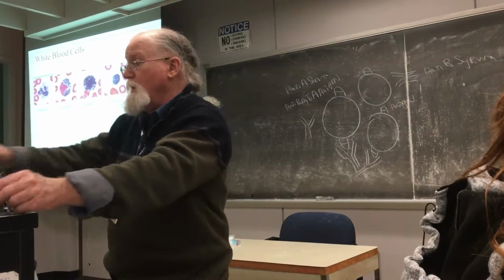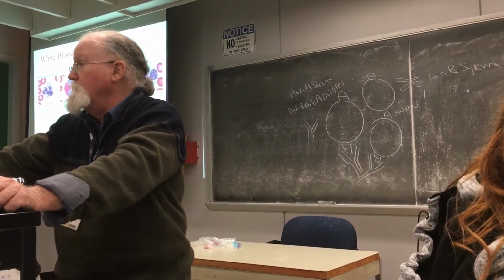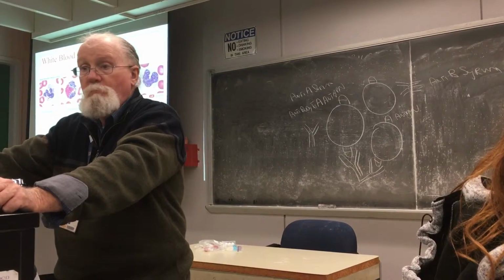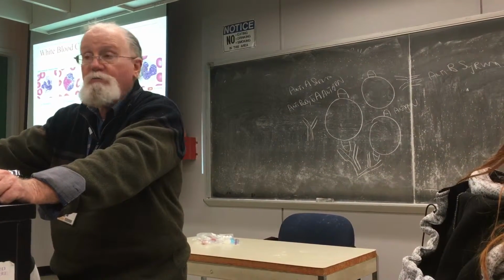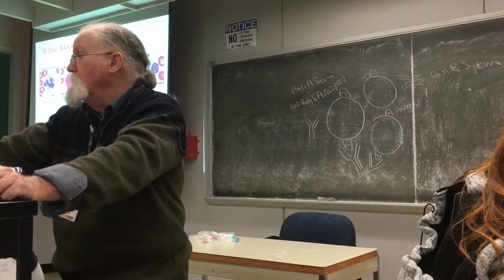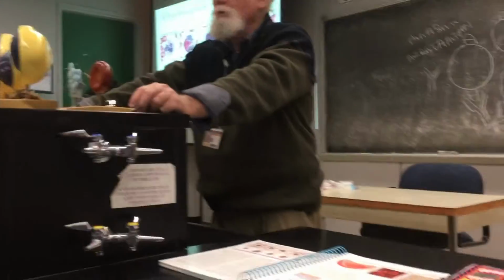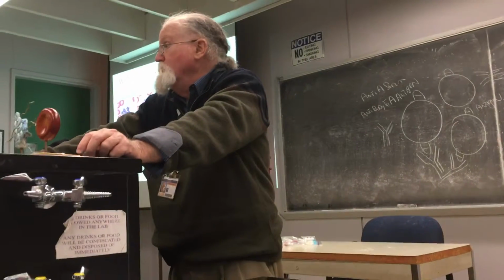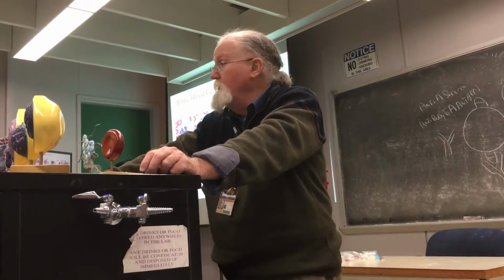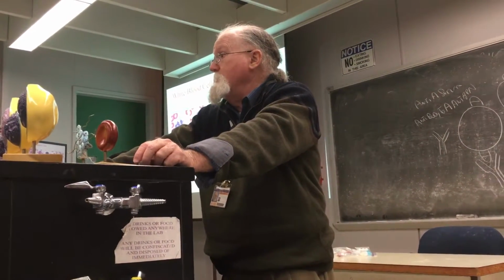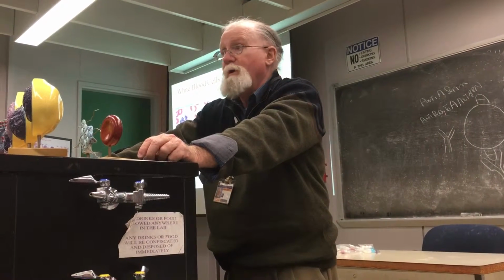Now, all these antigens are surface proteins. They're surface proteins on the surface of the cell. Okay? And they're only A and B. So there's A, there's B, there's AB, and there's a lack of AB, which is O. Okay?